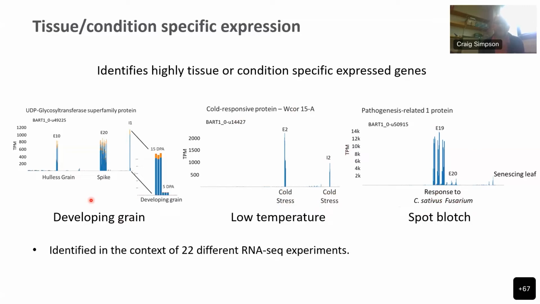The thing to remember about all these is that this is all done within the context of 22 different RNA-seq experiments. So you can identify genes very easily, and you can see the connection between the expression levels, and that gives you some real confidence that this is a gene that is really quite important in that response or within that tissue.